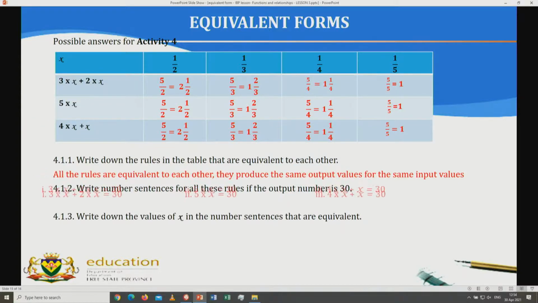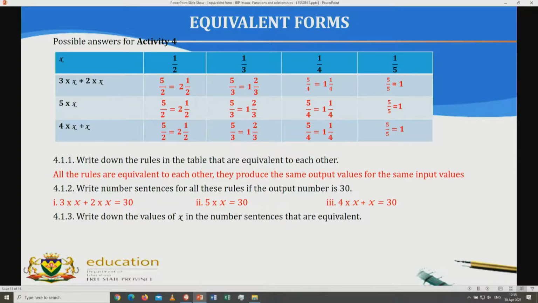Here are the number sentences. For the first one, it says you write the number sentence for all those rules if the output value, or the output number, is 30. Then the first one will be 3 multiplied by x plus 2 multiplied by x equals 30.